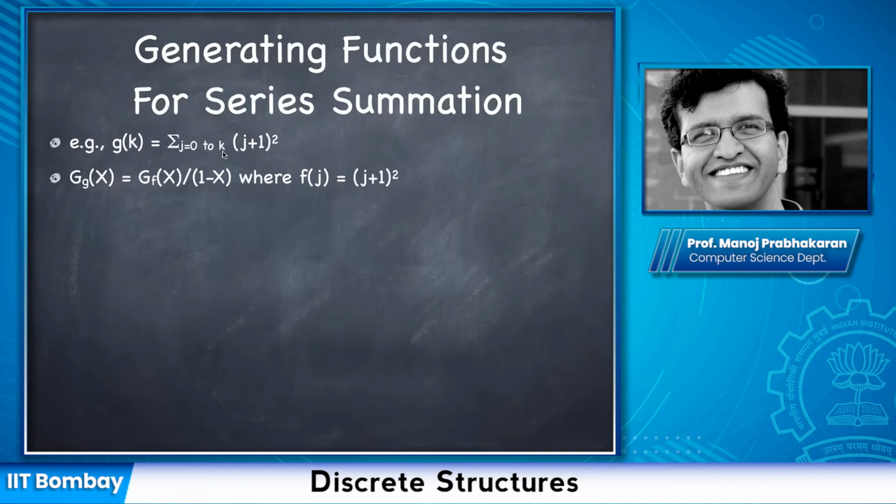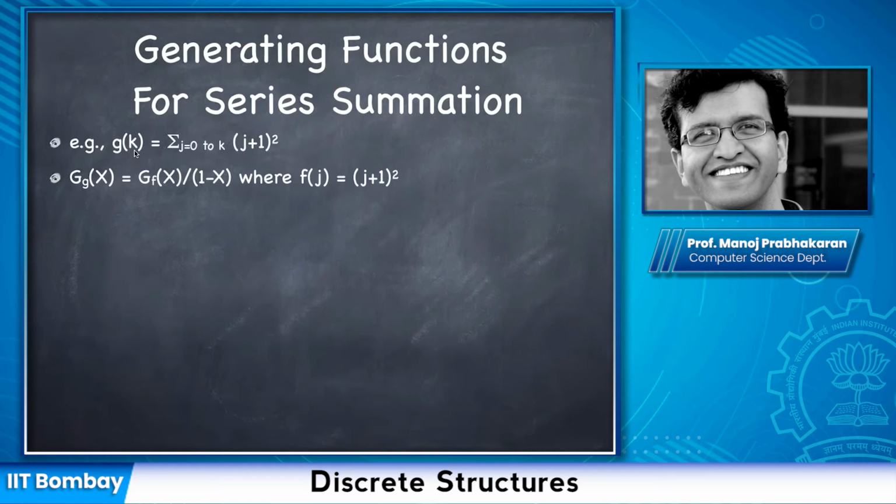So j goes from 0 to k, you're summing 1 squared plus 2 squared up to (k plus 1) squared. I've called it g_k rather than g_(k+1) for convenience in the derivation I'll show you now. So what we are interested in is getting a closed form expression for this, which you might have seen earlier, but let's see how you derive it rather than just prove it.